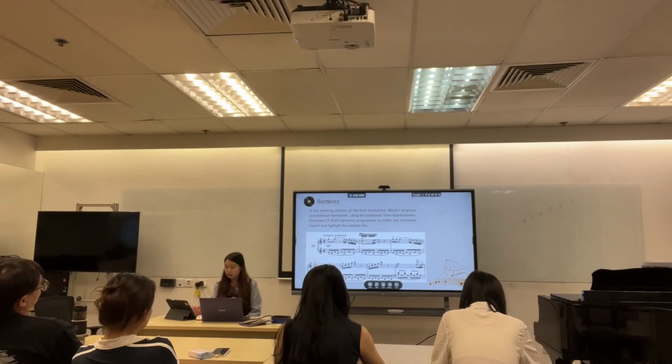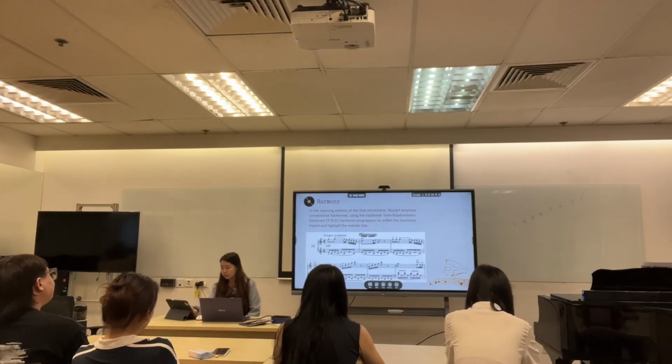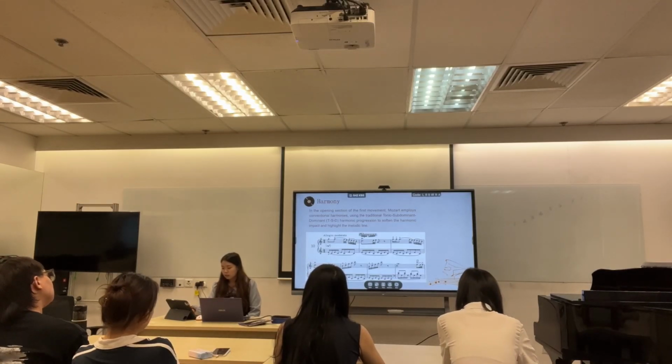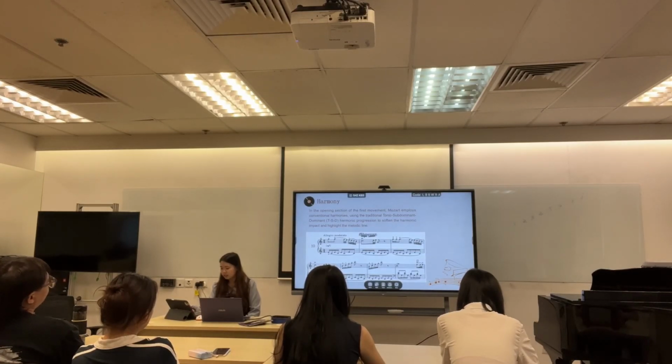At the beginning of the first movement, in order to highlight the melody, Mozart mainly used conventional chords and an enclosed harmonic progression of T-S-D, using chord inversions to weaken the harmonic weight and highlight the melodic line.